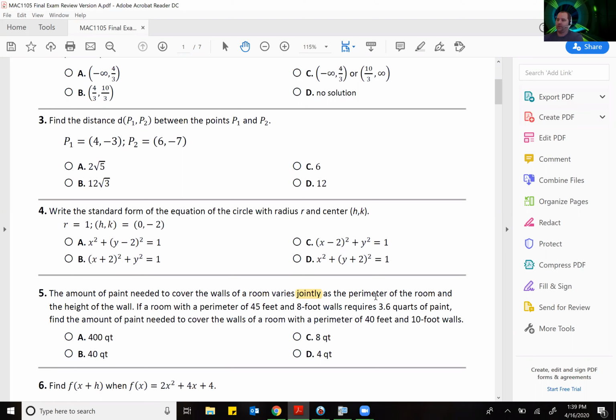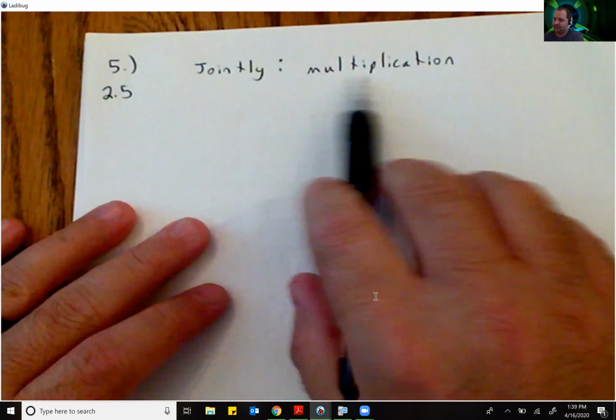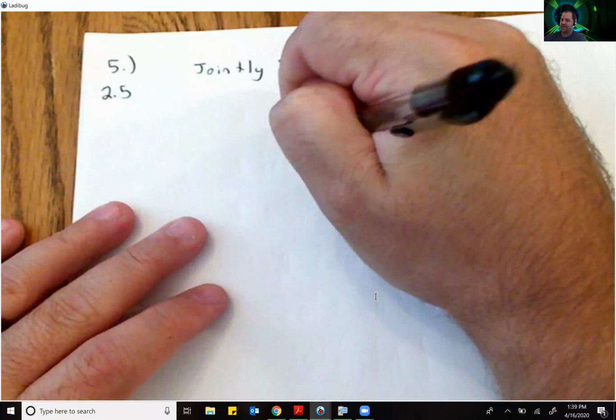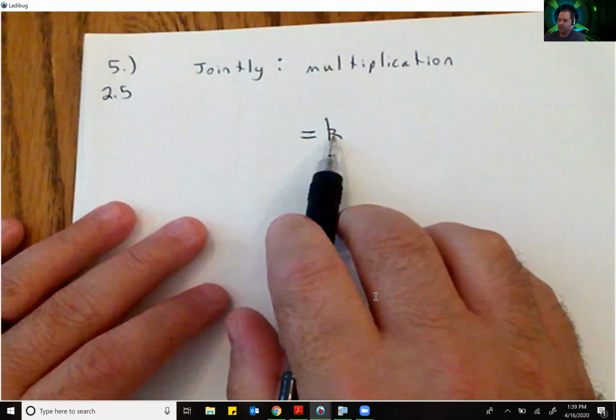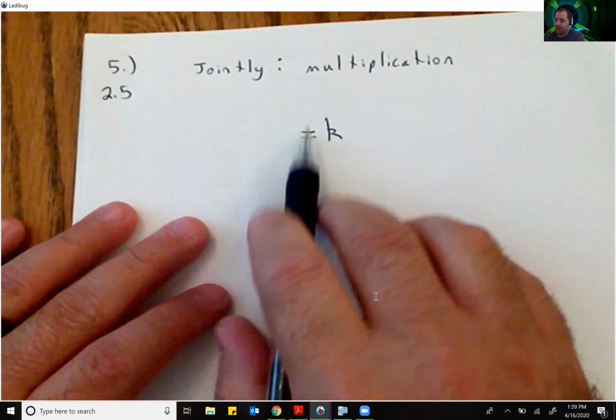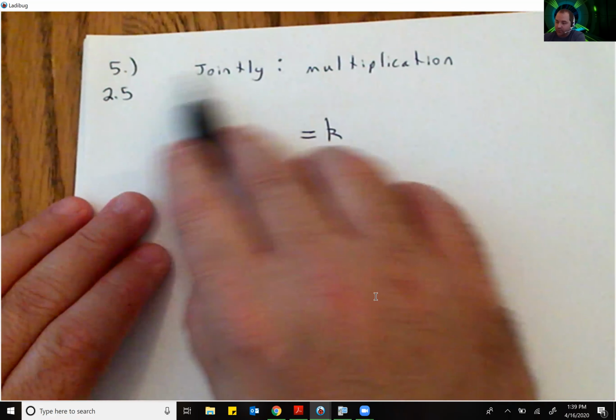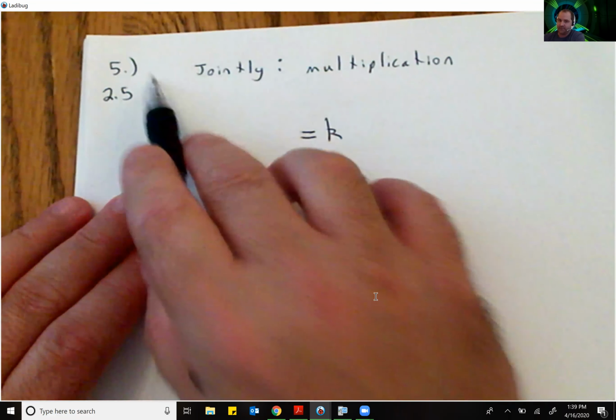So we've got this thing that now looks like this. Remember, jointly means multiplication. And that word jointly, I told you it represents equals K. Any variable that is before this or any concept before the word jointly goes in front of the equal sign.